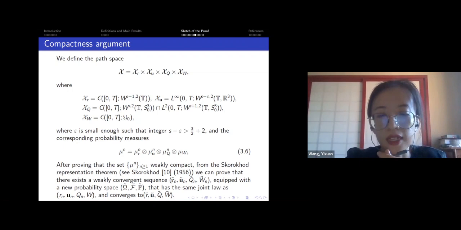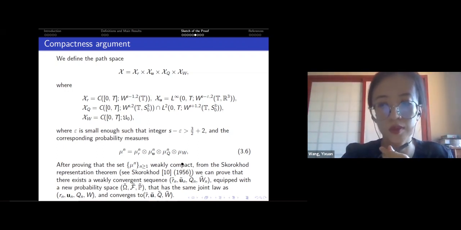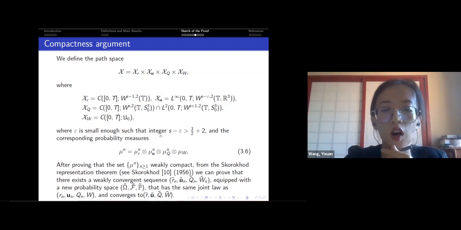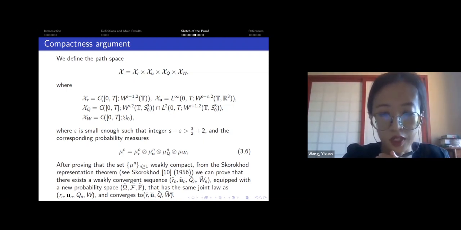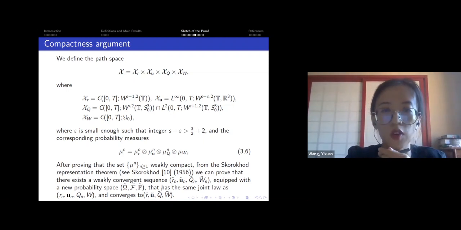This new sequence has the same joint law as the old one, and it converges to R tilde, U tilde, Q tilde, and W tilde. So we have found the limit, and it remains for us to verify that R tilde, U tilde, Q tilde, W tilde is a solution to our equation.